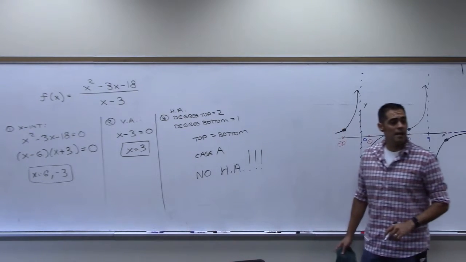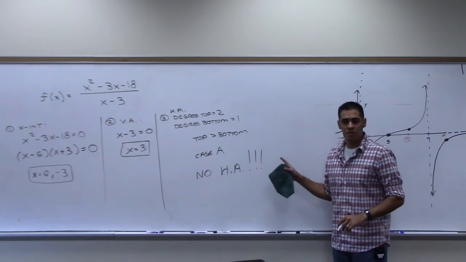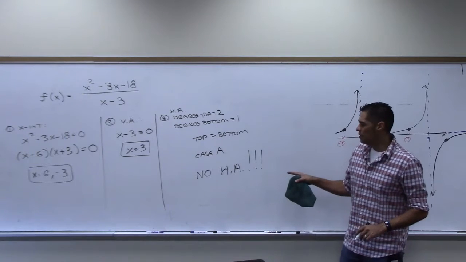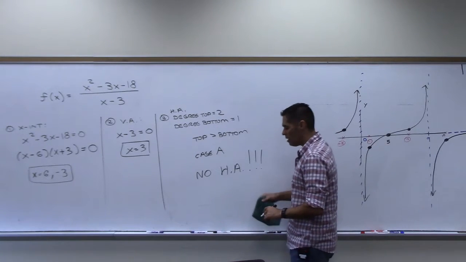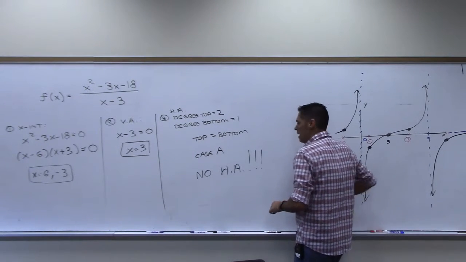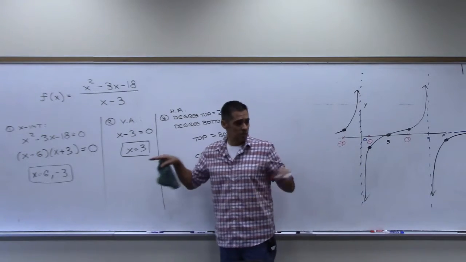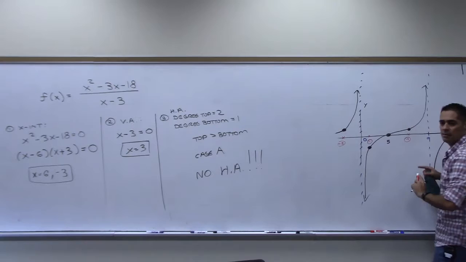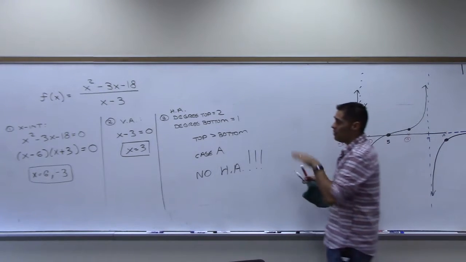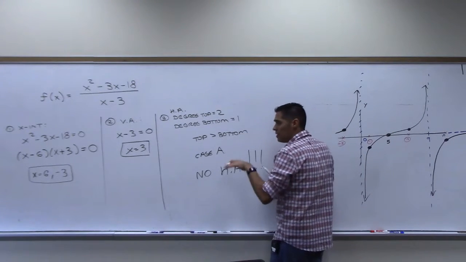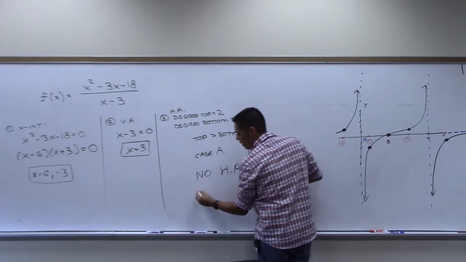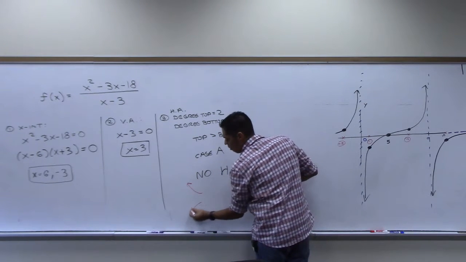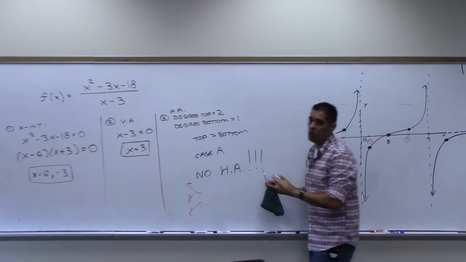Yeah, so I also in your notes wrote something else when this happens. When you have no horizontal asymptote, that means that you're not going to flatten out on the edges. Like, see how we flattened out here on the edges? That's not going to happen. That means that on the left side, it's either going to go up forever or down forever. So it's going to do this or this. I actually don't know which one yet.